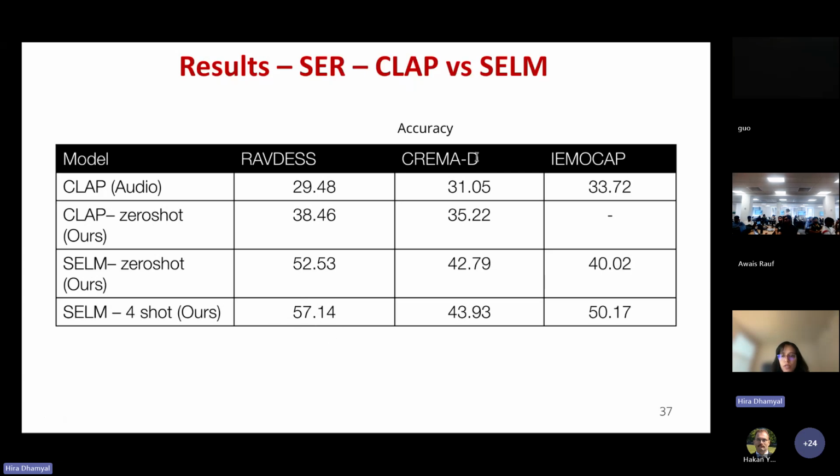And I think we see similar improvement in the other 2 datasets, CREMA-D, which is another dataset, and IEMOCAP. So this is also pretty encouraging: when we allow the model to learn on its own and to discover features on its own, it is able to perform slightly better.